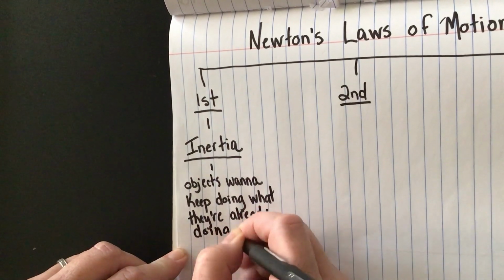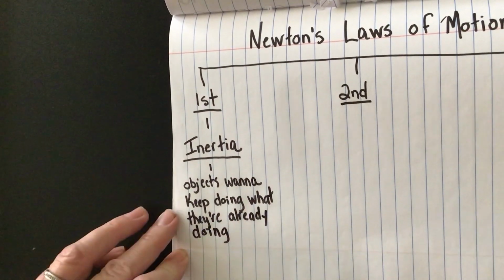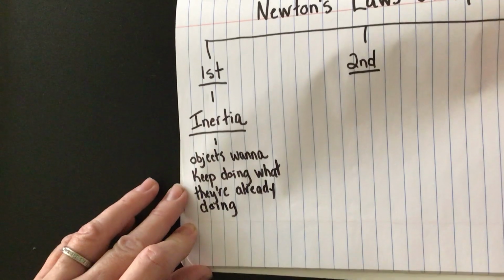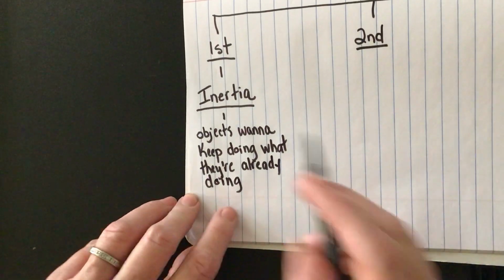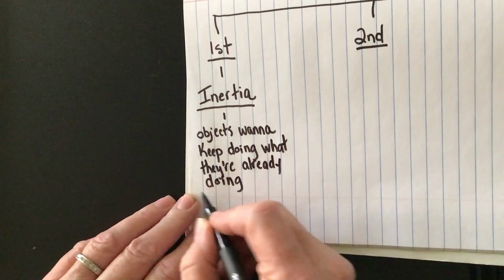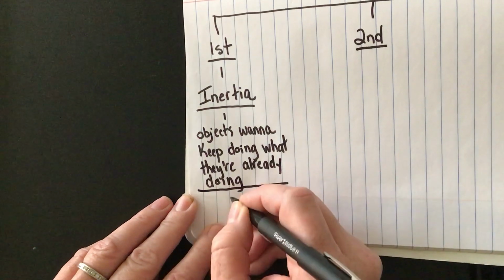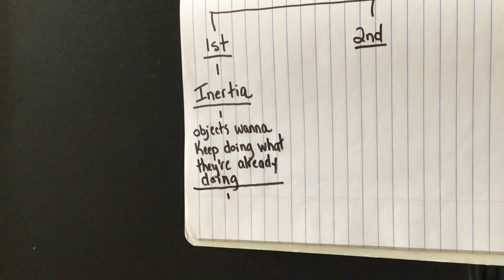So if the object's at rest, it's going to stay at rest until it's acted upon by a force. So objects want to keep doing what they're already doing. If they're moving, they want to keep moving. If they're at rest, they're going to stay at rest.